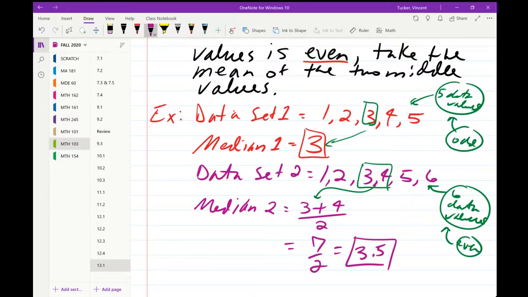And notice that 3.5 is in between, it's in the middle of your data set. Maybe I'll just do an arrow.